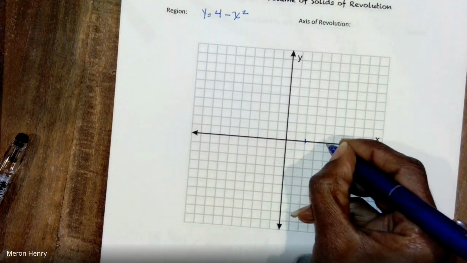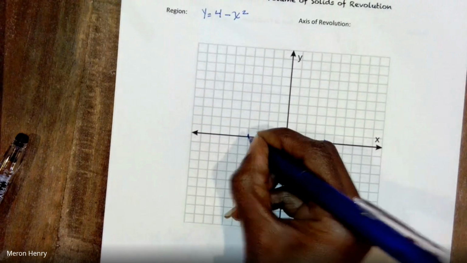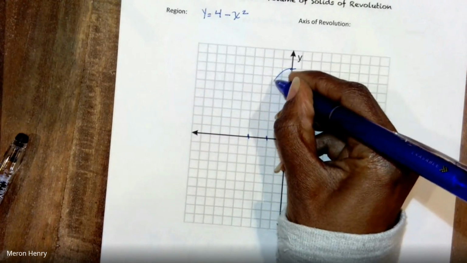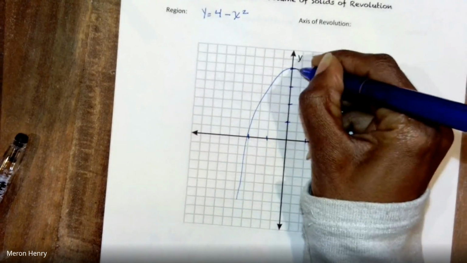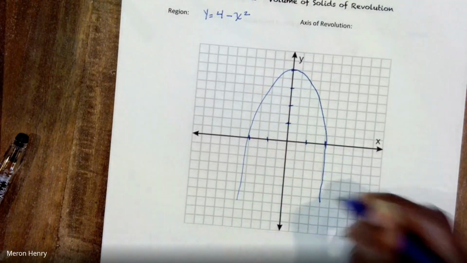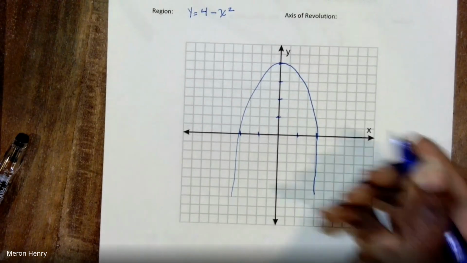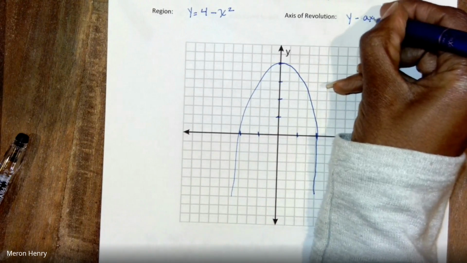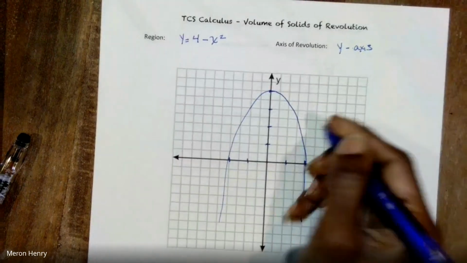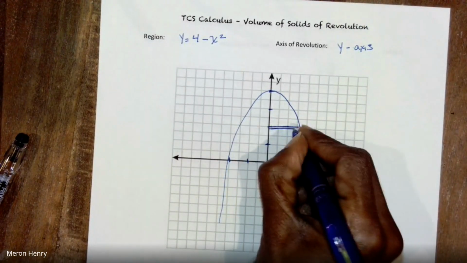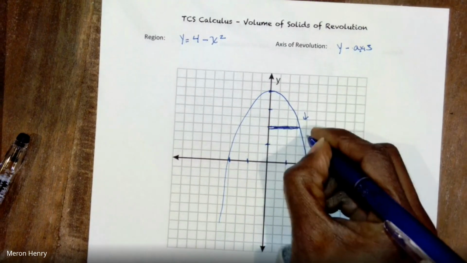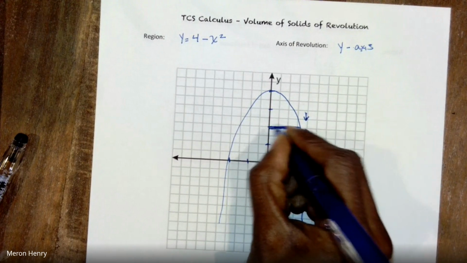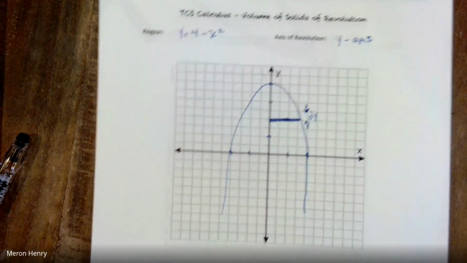So let's say 1, 2, 3, 4. Okay. So we want to do it around the y-axis. Okay. So our dy, or our disks, if you will, is this, right. Sorry, our disk is horizontal, and this is our dy, right?